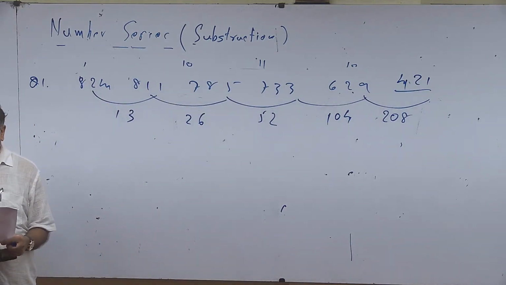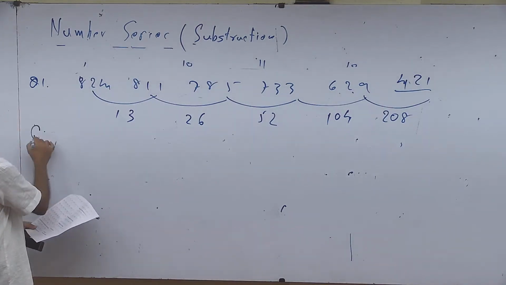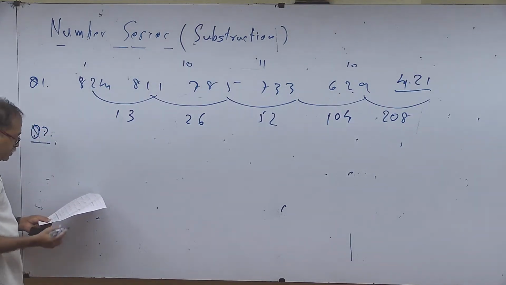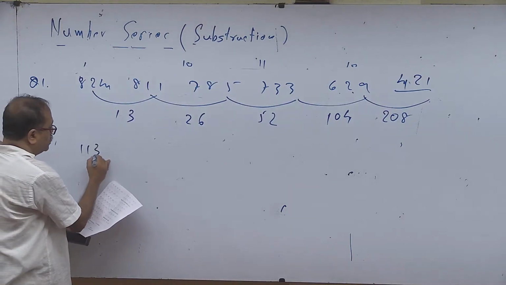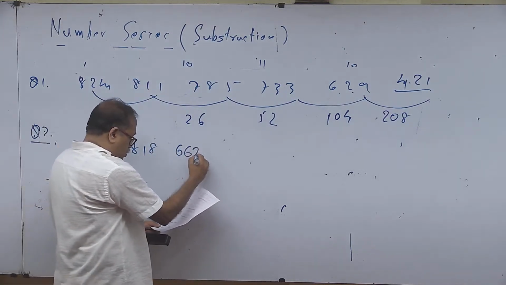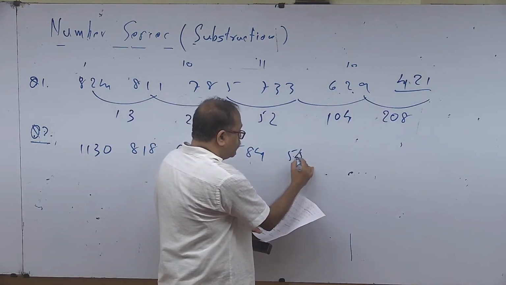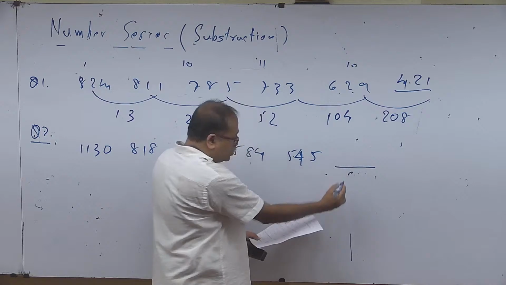Okay. We will take one more question and then move on to another type, and that is 1130, 818, 662, 584, 545, and what should be the next number?